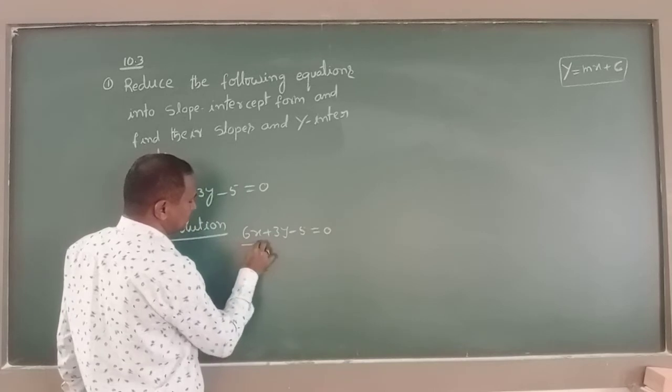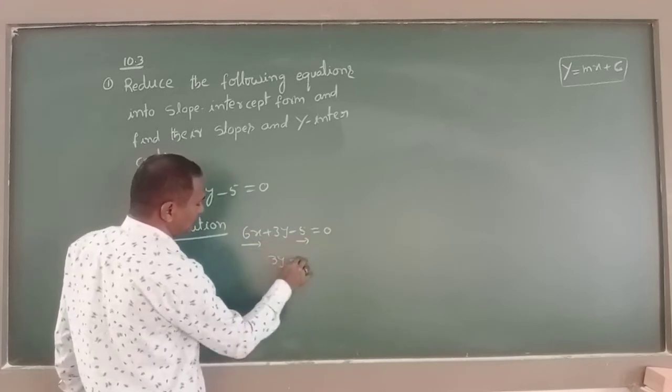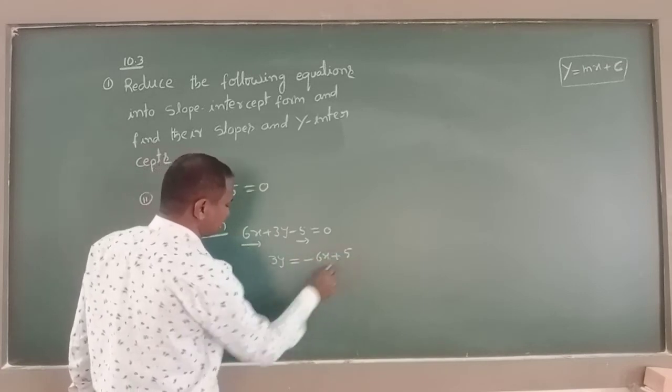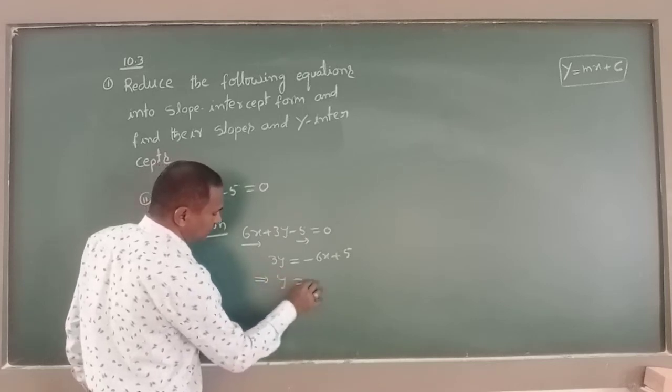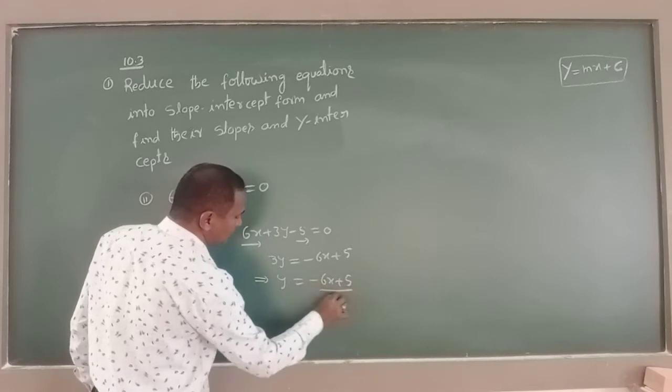Send 6x to the other side, send minus 5 to the other side, it becomes 3y is equal to minus 6x plus 5. This implies y is equal to minus 6x plus 5 whole divided by 3.